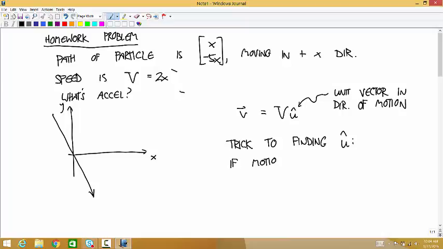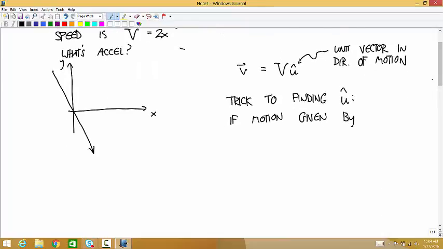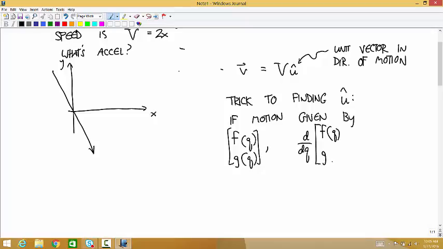If you have a motion that's given by, let's say, f of q, g of q, and q is just some arbitrary variable, that's your parameter that this motion is defined in terms of, then taking the derivative with respect to q of this vector gives a vector that's tangent to the path.